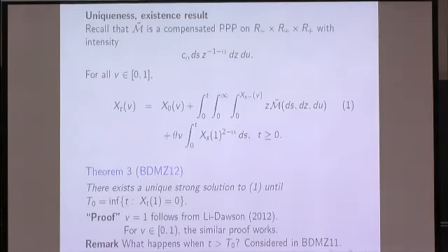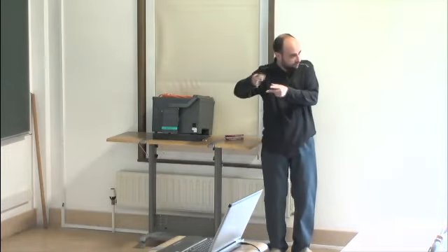Now you may ask, what happens after the time when the total mass hits 0? This case is considered in our work, and if I have time, I'll talk about this later. In fact, non-trivial results are there about pathwise uniqueness of the solution. But before it hits 0, it's more or less trivial.